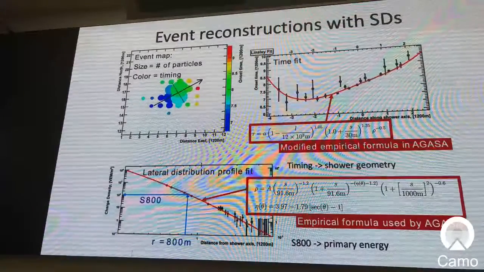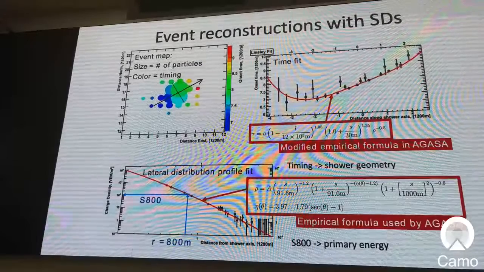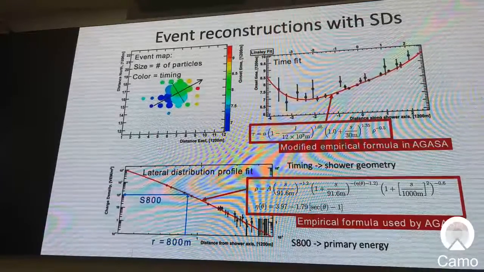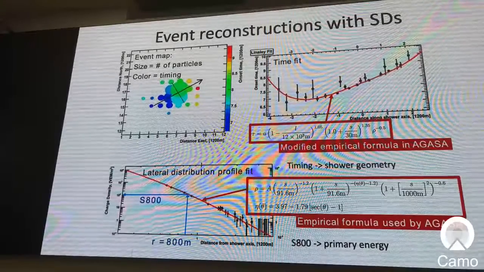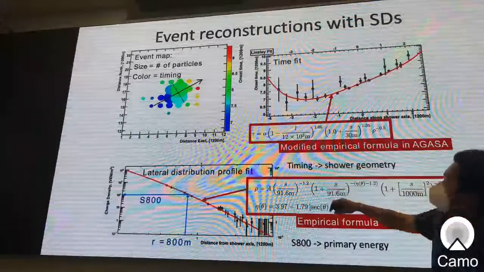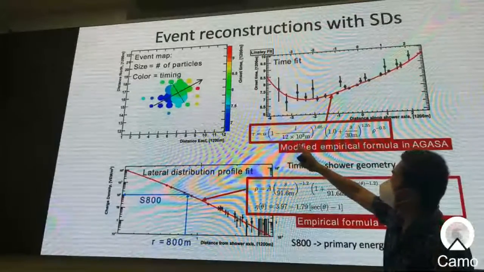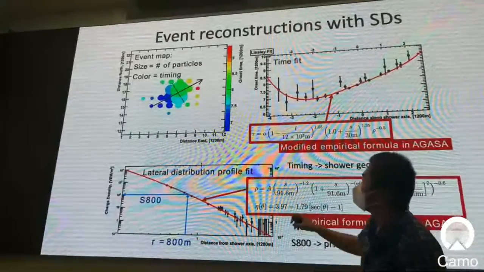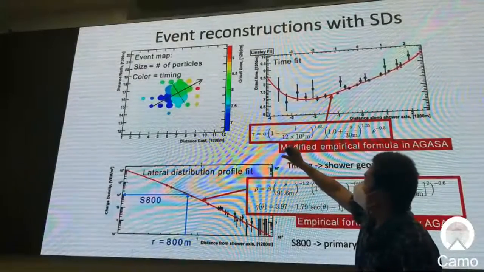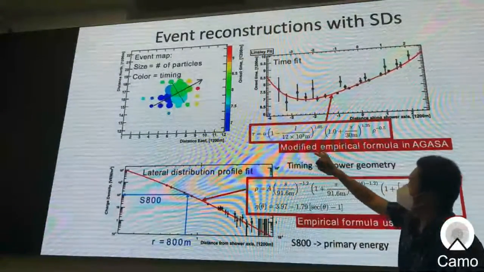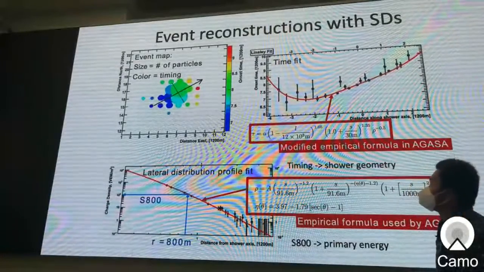And this is the introduction of detectors. And this is the analysis procedure, event reconstruction with SDs. This is a footprint of the SD for a cosmic ray event. The size of the circle corresponds to the number of particles, and the color denotes the timing.